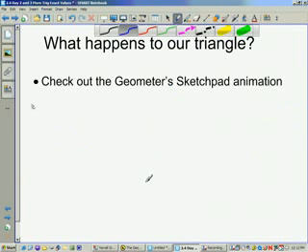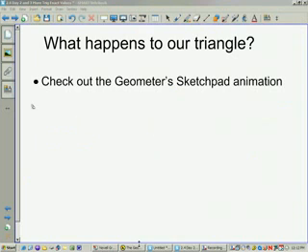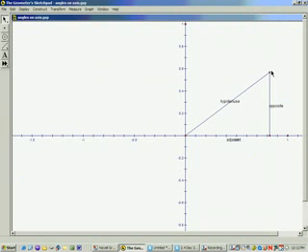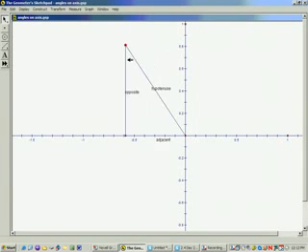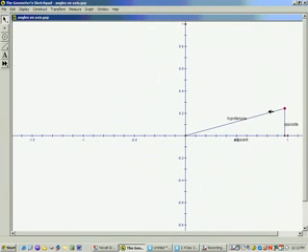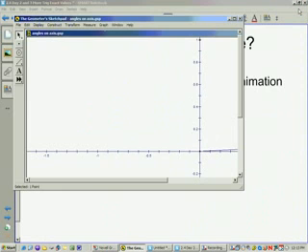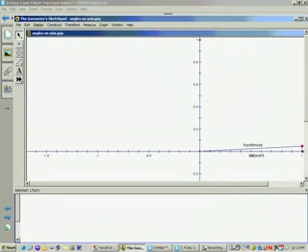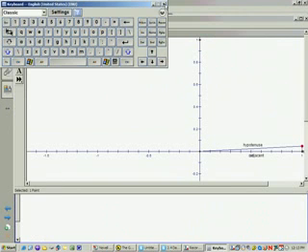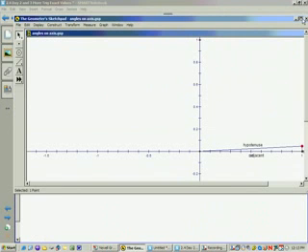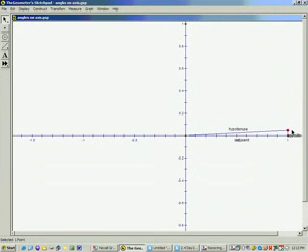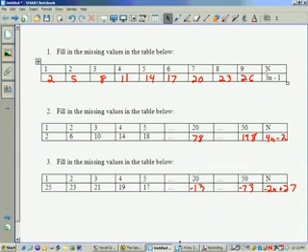All right, now let's use Geometer's Sketchpad to see what happens at the axes. Now these are our reference angles going around, and if we look at this as we're getting closer and closer to 0 degrees, my opposite side is going to get closer and closer to, oh, I know what I can do.